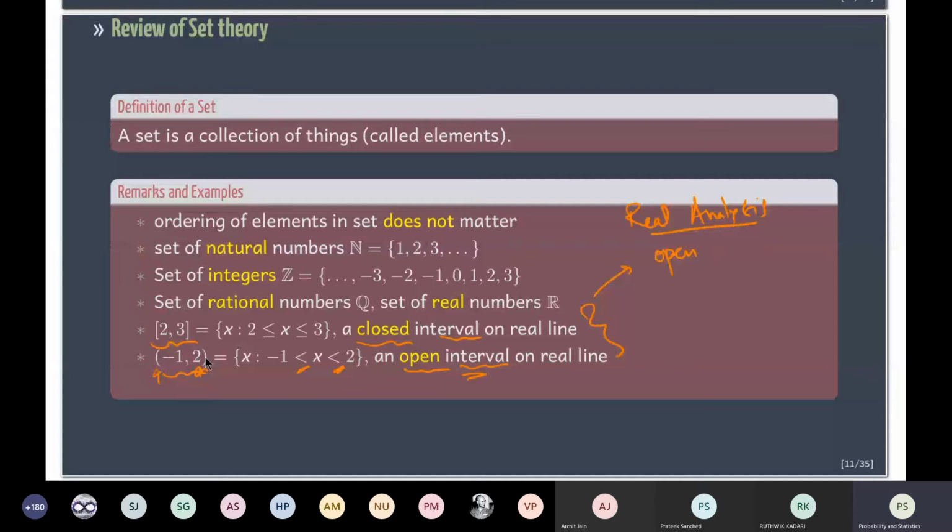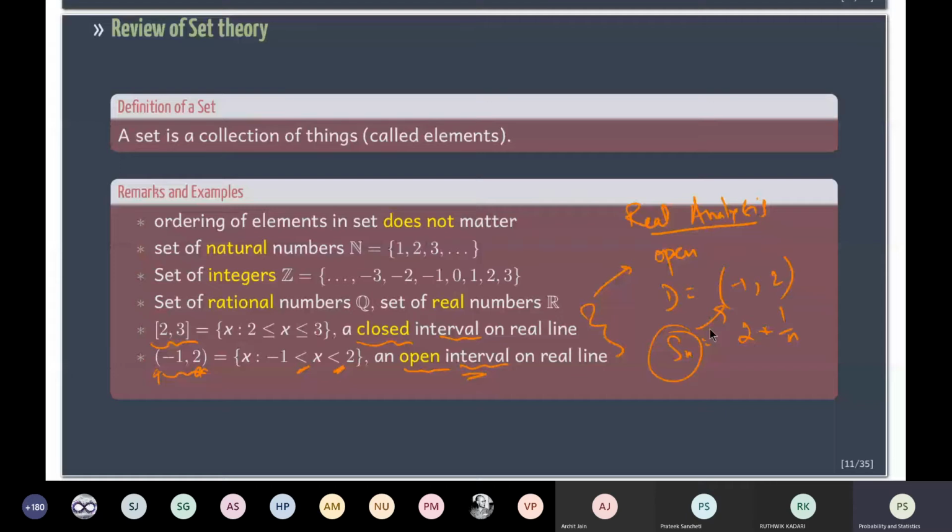So if I have a domain D and I have an open interval up to 2, and I define a sequence to be 2 plus 1 by n or something, then my hope of this sequence converging in this domain is not a possibility, because as n tends to infinity this converges to 2, but 2 is not in my domain.